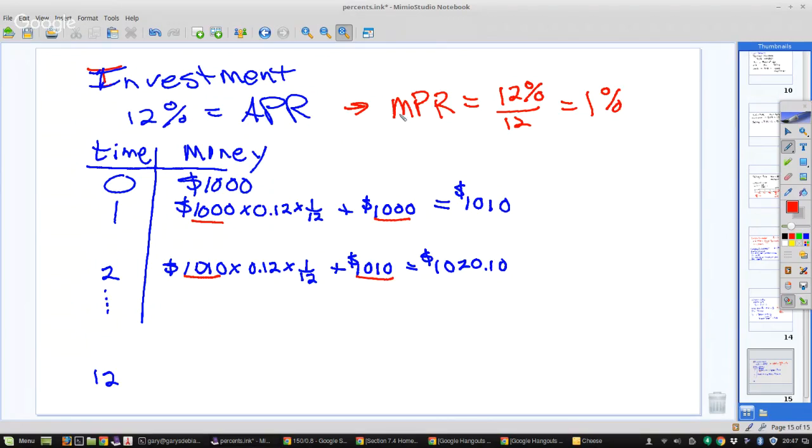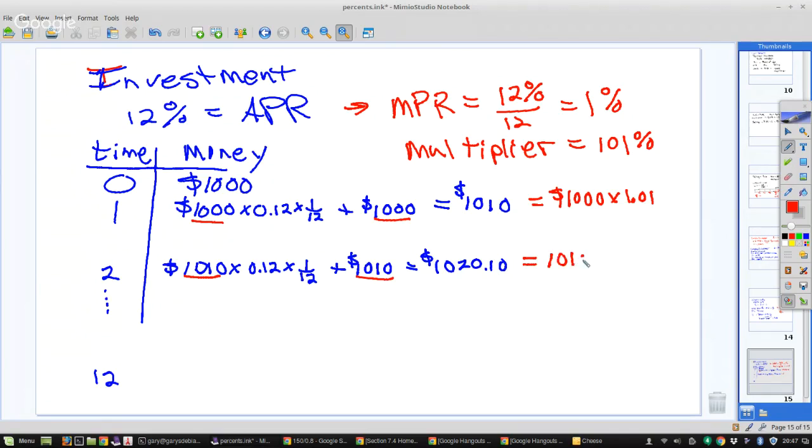So if that's my monthly rate, then my monthly multiplier is going to be 100% plus 1%, or 101%. So my claim is that that 1,010 is that $1,000 times 1.01. And this 1,020 is that 1,010 times 101%.